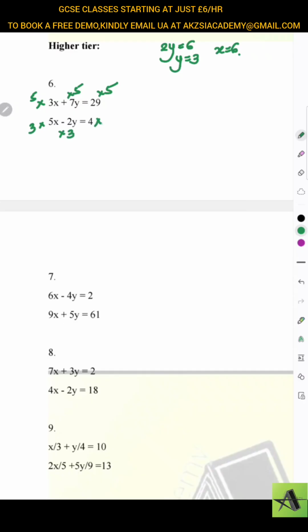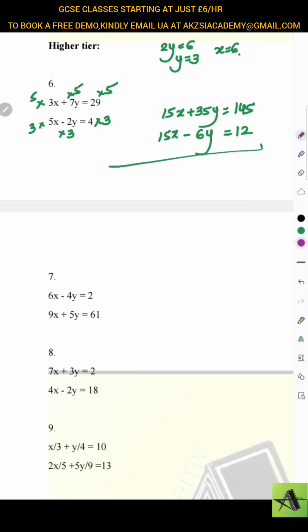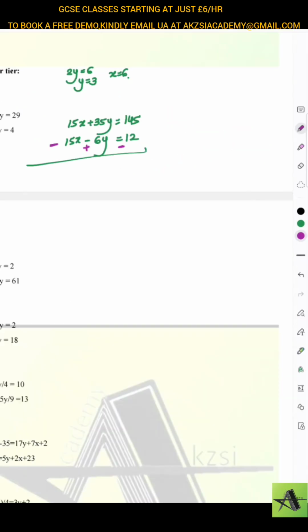Now our final equations will become 15x plus 35y equals 145, and the bottom one 15x minus 6y equals 12. Now subtract, obviously.